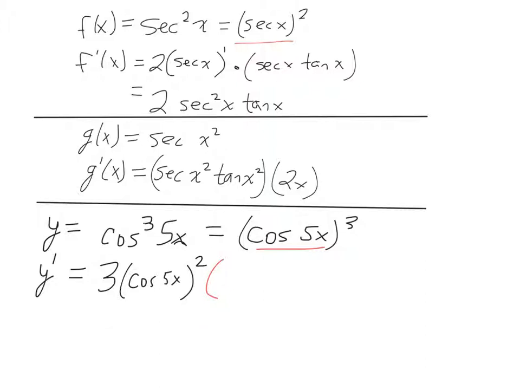So the derivative of cosine 5x would be a negative sine 5x, leaving the 5x alone, because now cosine is my middle part. Inside of it is the 5x, and so now I got to take it times the derivative of the innermost part, which is 5x. So that derivative is just going to be times 5.